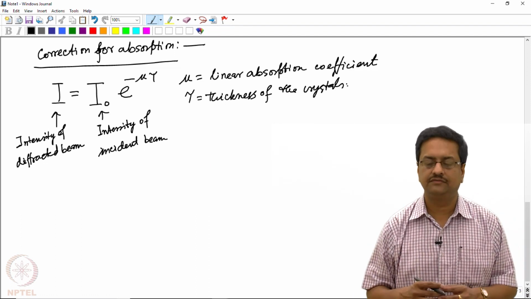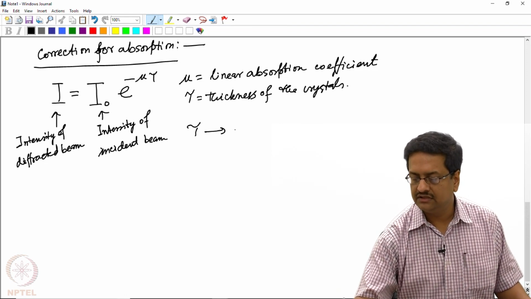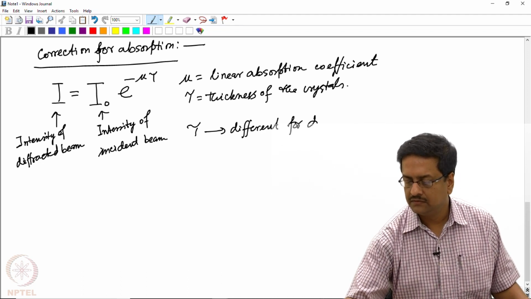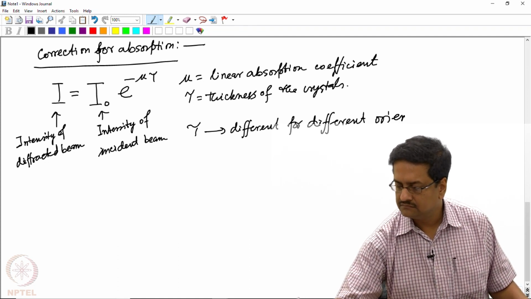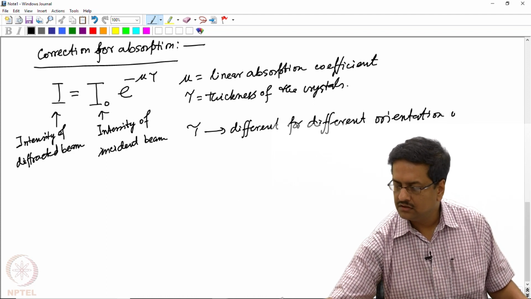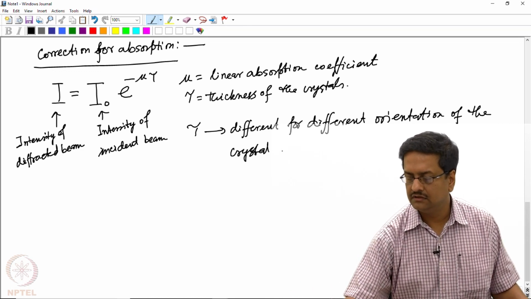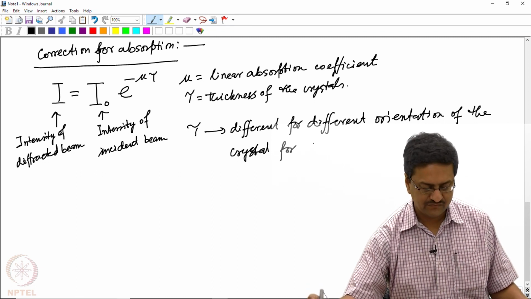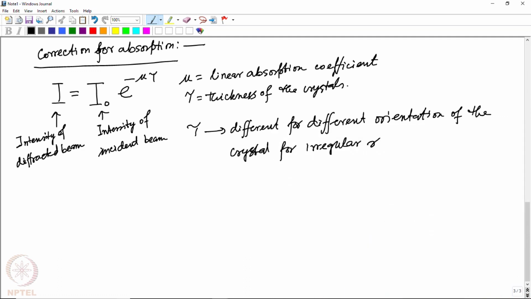So, if we have a crystal of irregular shape, this quantity tau is different for different orientations of the crystal.